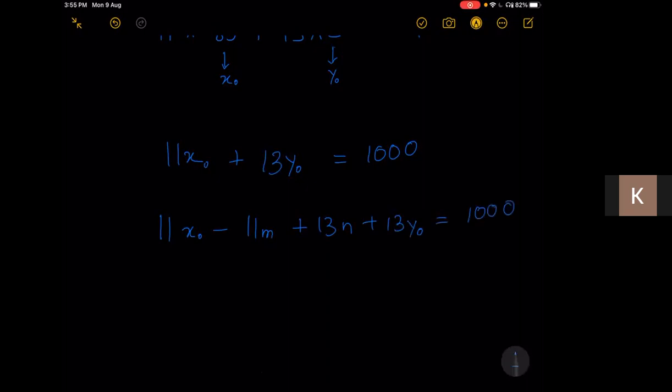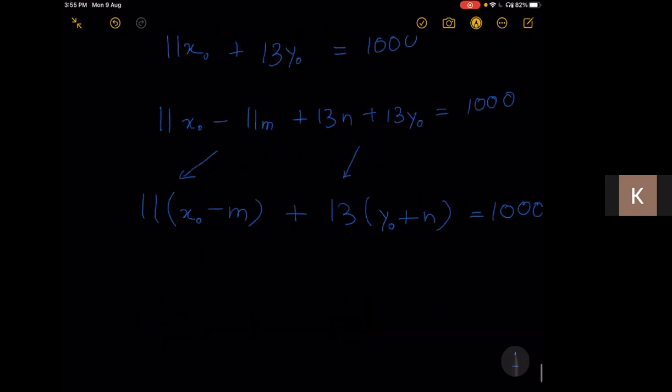From here, if you take 11 common, you would get x naught minus m, and from here if you take 13 common you will get y naught plus n, and the sum will be 1000.